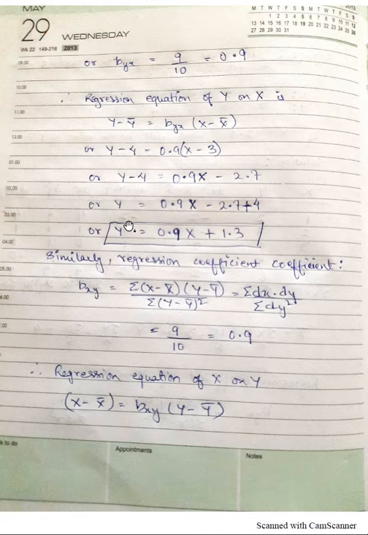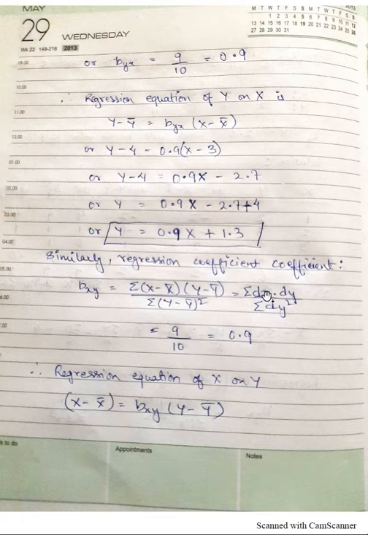Now the second part, we have to find the regression equation of x on y. For that we will first find the regression coefficient of x on y, that is bxy. So bxy is equal to summation (x minus x bar) into (y minus y bar) divided by summation (y minus y bar) whole square, or is equal to summation dx into dy divided by summation dy square.